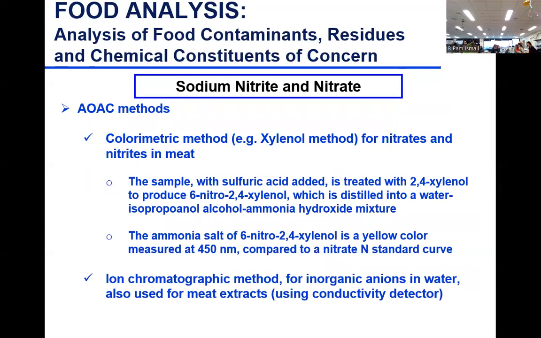The method is a colorimetric method. You don't have to remember any other than just say colorimetric method. And or chromatographic method, ion chromatography with conductivity. You don't have to remember in the middle here, but it could be a colorimetric method or assay or HPLC using ion chromatography.